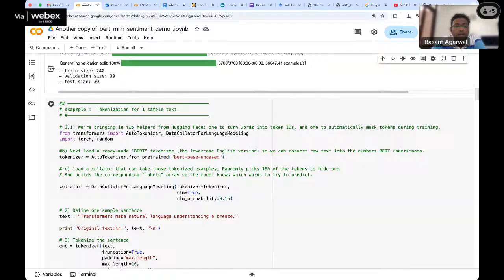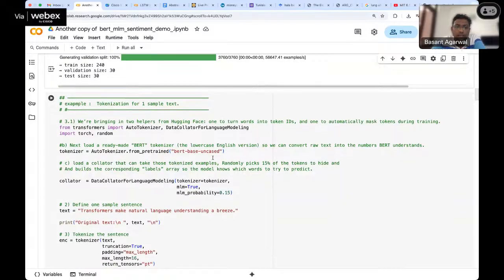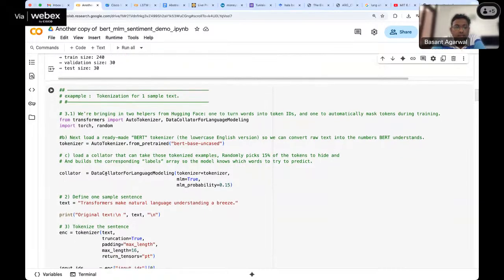In the first, auto tokenizer, it is basically used for tokenizing the words and converting the raw text into the numbers that BERT can understand. We are using the BERT-base-uncased model that will understand the language, and it will do the tokenization. And the data collator for language modeling is a function which we are using, given the sentences, it will do the masking.